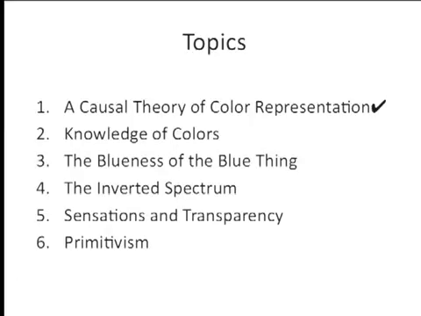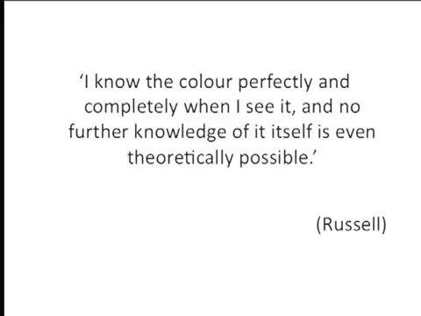Okay. I just want to try and get a fix on this question, because I think this is extremely confusing. I think Russell articulated one idea about colours when he said, I know the colour perfectly and completely when I see it, and no further knowledge of it itself is even theoretically possible.